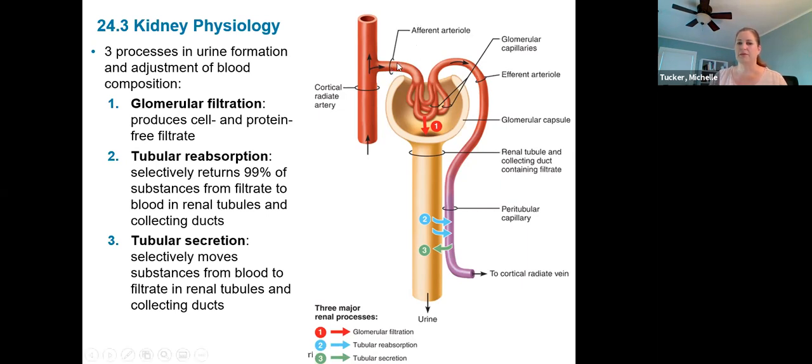The other thing with the afferent versus efferent is the afferent arteriole has a larger diameter than the efferent arteriole, and this is going to create hydrostatic pressure. That pressure pushes the plasma out of these capillaries and into the capsule, where it then will go to the proximal convoluted tubule.